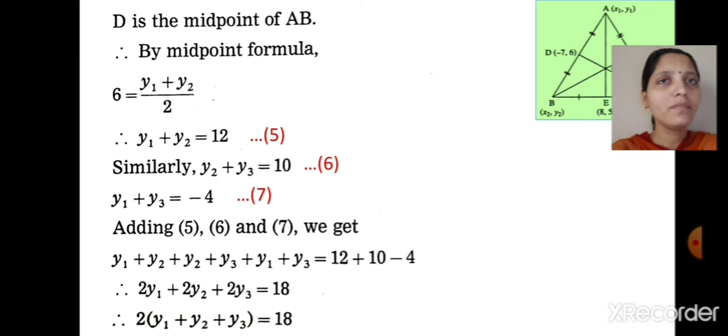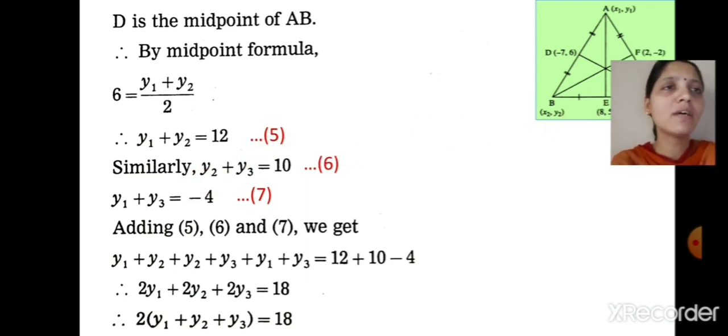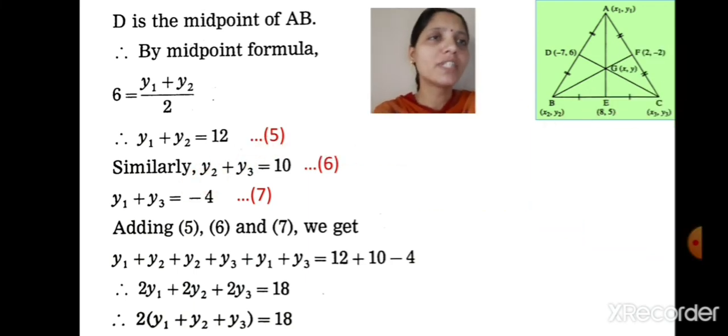Okay. Now D is the midpoint of segment AB. By the midpoint formula, we can find the y coordinate. The y coordinate is 6. So 6 is equal to (y1 plus y2) upon 2. Therefore, y1 plus y2 is equal to 12. Write this equation as equation 5. Now similarly, E is the midpoint of segment BC.